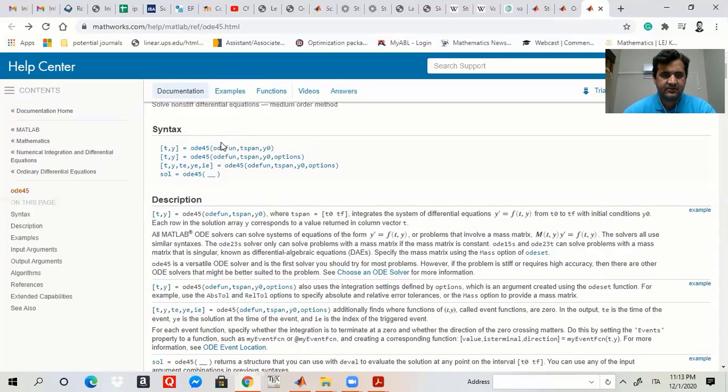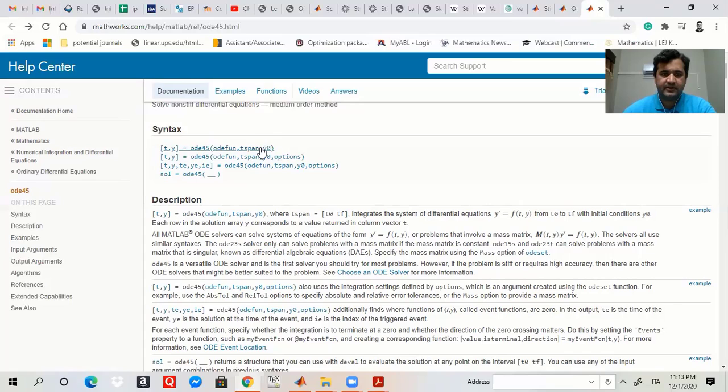So for instance, this is a function that will help you to evaluate the right-hand side of your ordinary differential equation. Then you can introduce the time span, let's say from T0 to Tf, and then you can integrate your differential equation over this particular time interval.